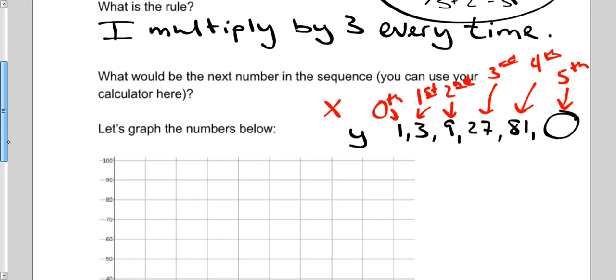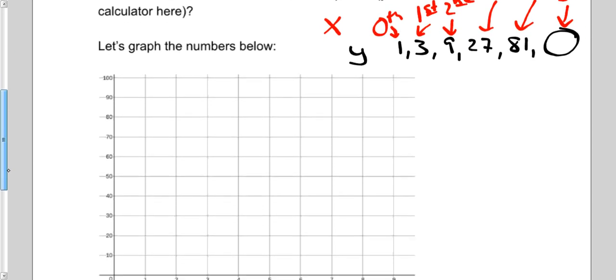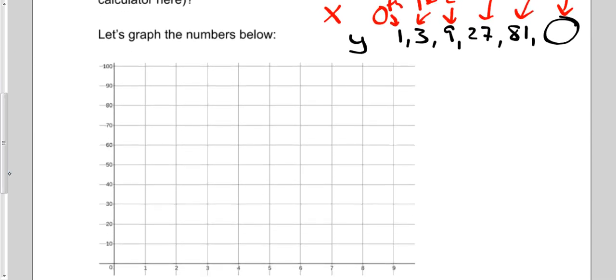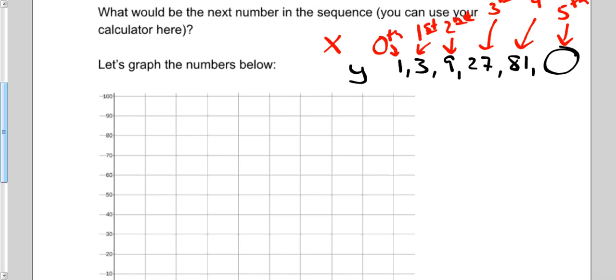So when I graph this, my first point, I'm going to put these in green, is 0. When x is 0, y equals 1. My second point is going to be when x is 1, y equals 3.